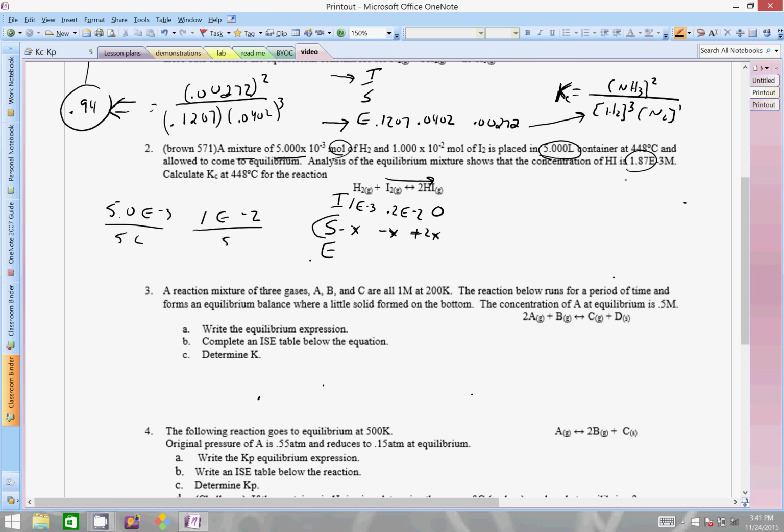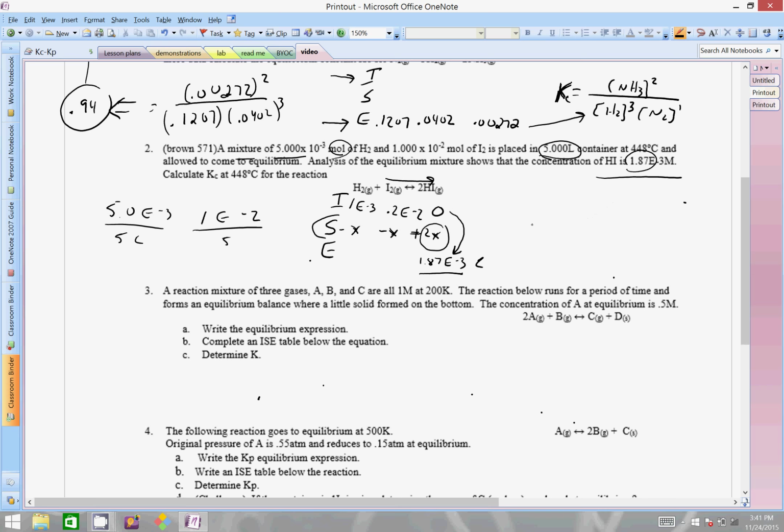But I will use one more piece of information here. It says I have right here, it says this value is going to be 1.87 e to the negative third, and now this is the key that unlocks this entire reaction, because I knew I had 0 to begin with, and now I'm ending with this amount. Then that means that this value is 2x.